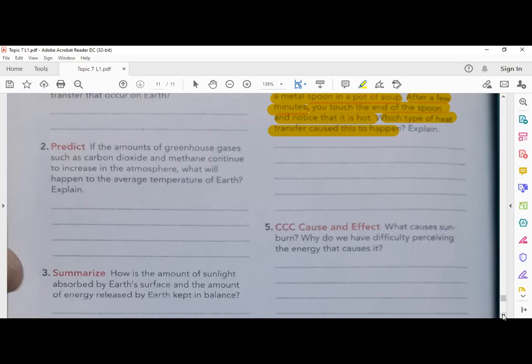Why do we have difficulty perceiving the energy that causes it? Because these types of waves have a high frequency and high energy. They can penetrate your skin, so your body is not able to deal with these types of waves.